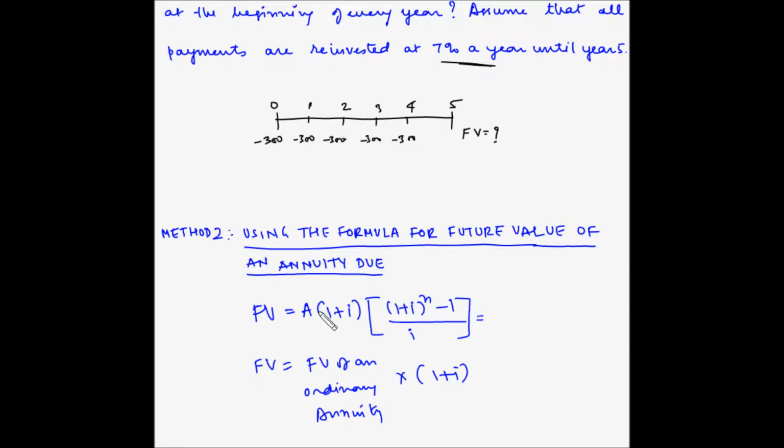So we get A is 300, I is 7 by 100, which is 0.07. So 1 plus 0.07 is 1.07, into bracket again 1 plus I, which is 1.07 to the power n. N here is 5, minus 1, divided by I, which is 0.07.